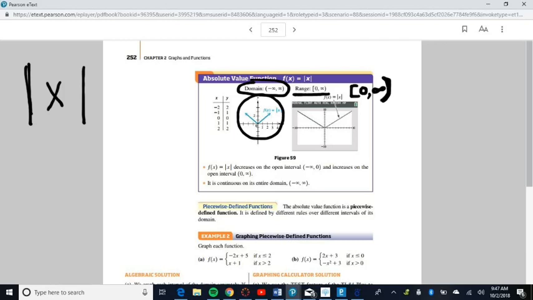But 0 is a definite number, and if it's a definite number, that's going to get a bracket. The squared off one's a hard ending. It never goes anywhere from there. That's where it's going to be. Okay? So this is the function, or the parent graph, as some people call it, of the absolute value function.